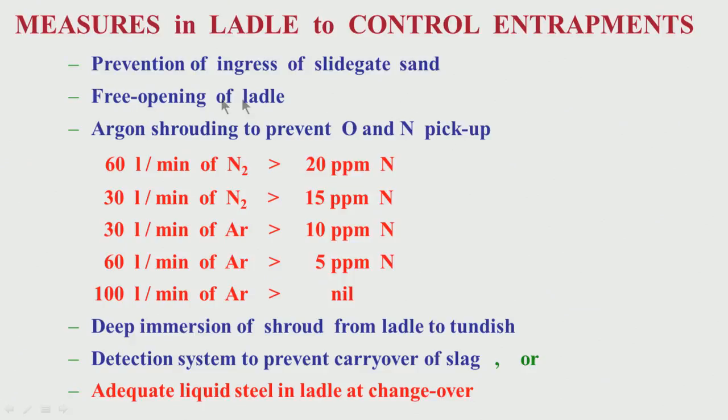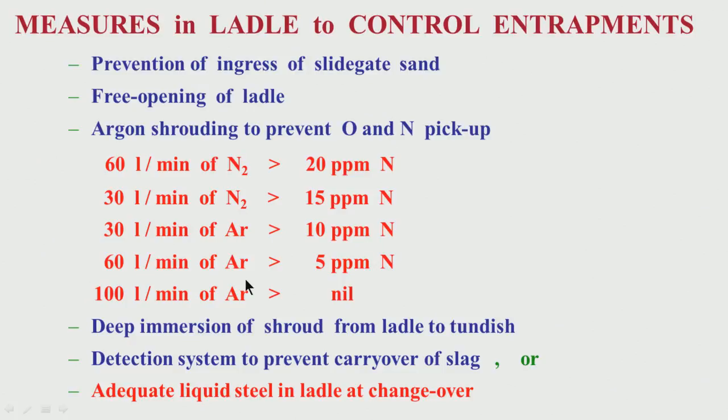The proper quality of sand is very important here for getting free opening. So, when you are opening it free, then what happens? As I was telling you, we have to use argon shrouding. Now, the question is how much argon do we use? I had mentioned in the last session that we have to use around 100 liter per minute of argon to control total cut off of air ingress.